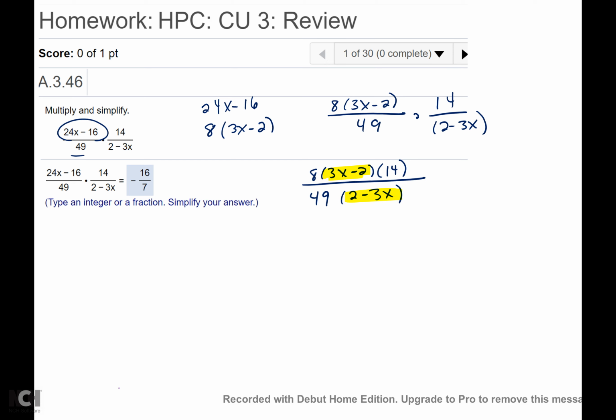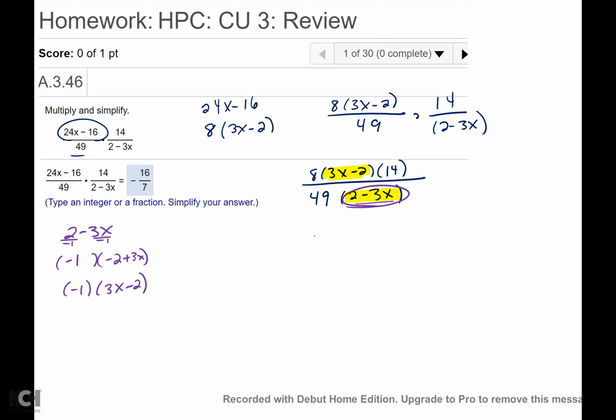In other words, I could factor this. I could take my 2 minus 3x, and I could factor out a -1. And if I factored out a -1, that would make -2 plus 3x. And since addition is commutative, I can rewrite this as positive 3x minus 2.